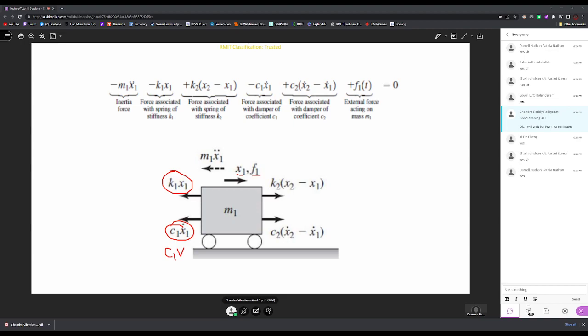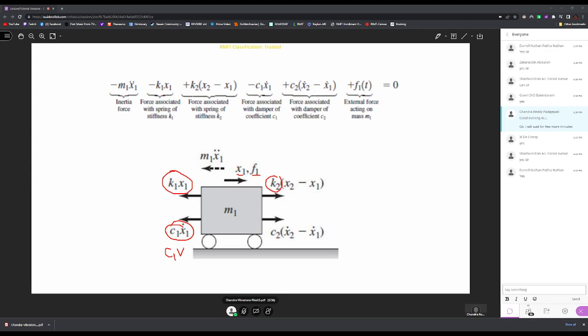On the other side, the block is connected to another mass M2, whose displacement is X2. The spring force here will be K2 into the net displacement, which we can write as X2 minus X1.